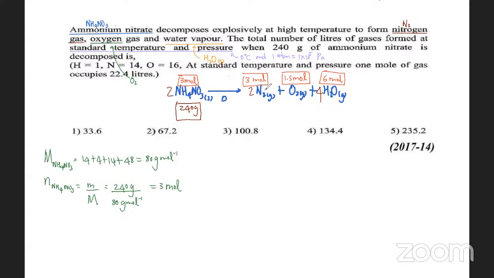So if I add water, it will be 10.5. 10.5 into 22.4 is probably 235.2. And if you ignore water, 100.8 will be the answer.